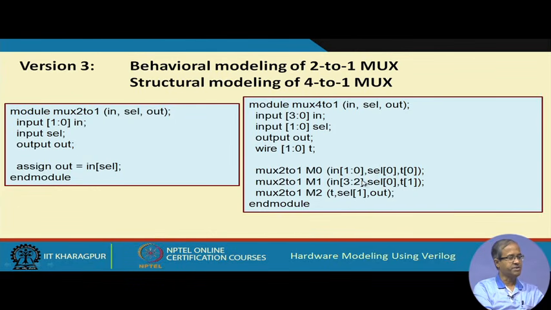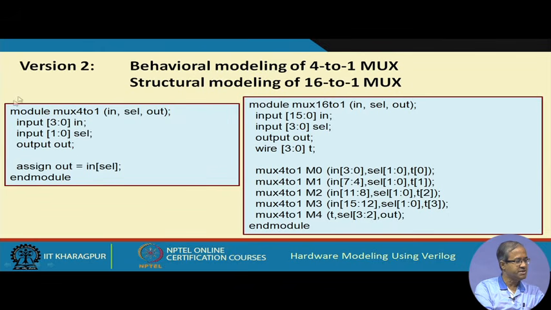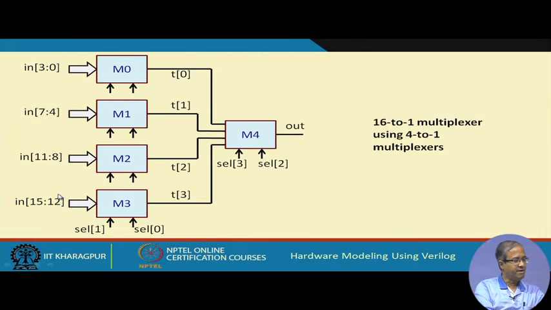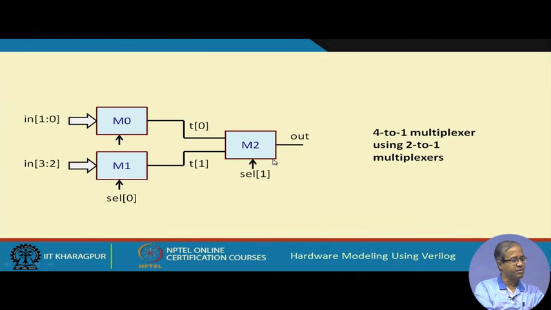Next, we proceed one step further. Here we have used 4 to 1 muxes, and our 4 to 1 mux was behavioral. Now, we are refining the definition of 4 to 1 mux. We are implementing a 4 to 1 mux using 2 to 1 muxes like this. Using 3 2 to 1 multiplexers, we can implement a 4 to 1 multiplexer.